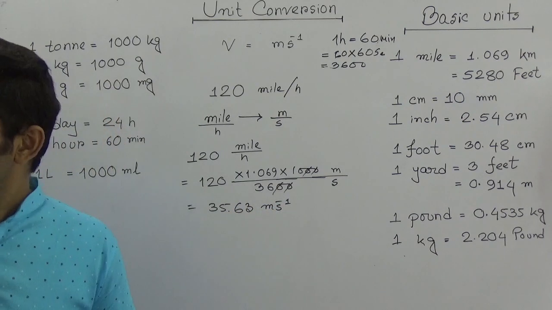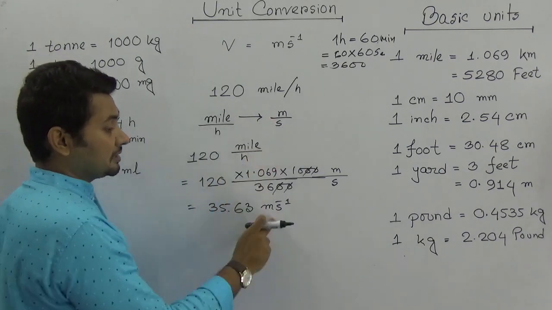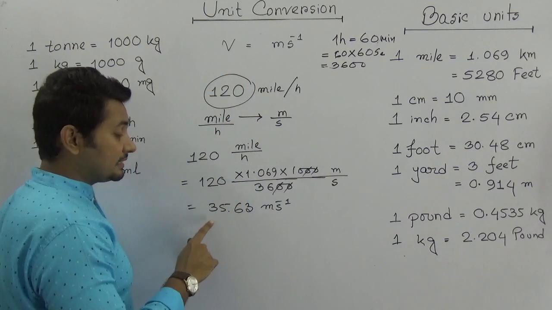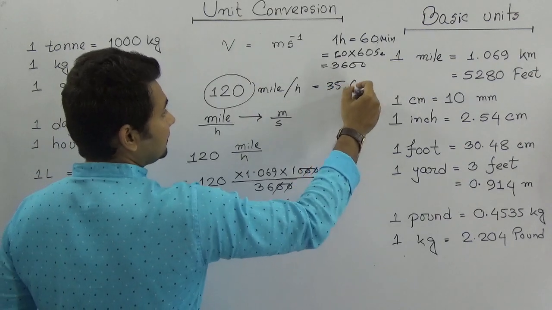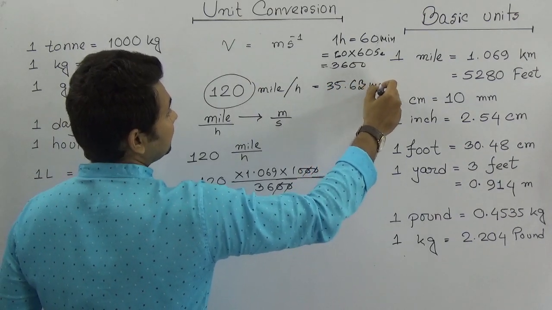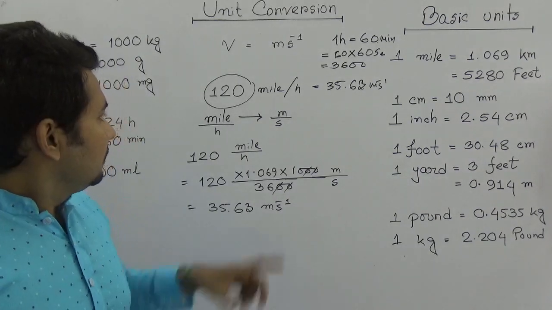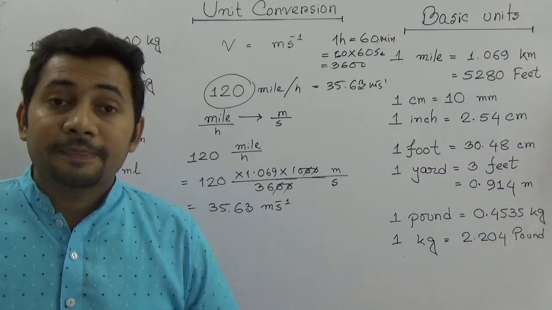So that is the unit conversion from mile per hour to meter per second. So 120 mile per hour is exactly 35.63 meter per second. So mile per hour to meter per second. This is all about velocity.